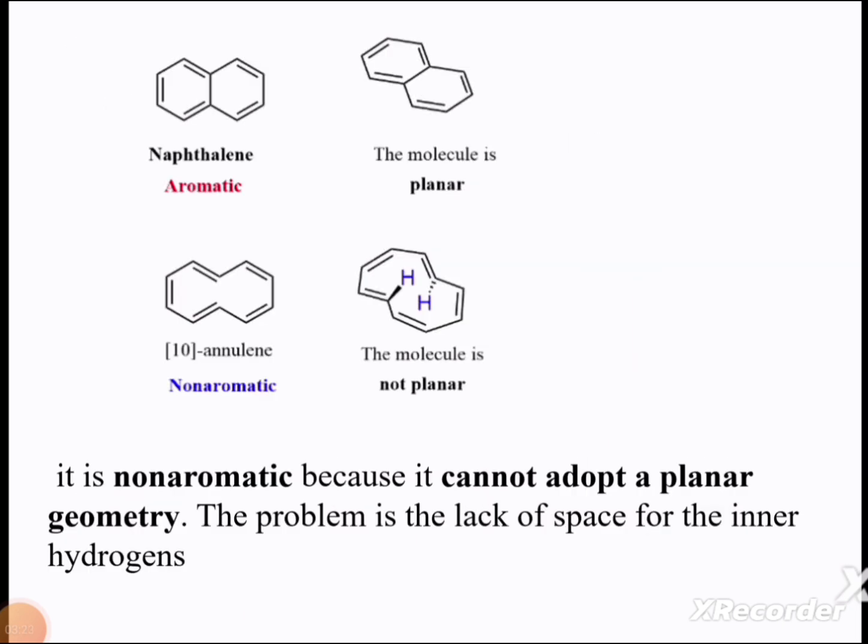Naphthalene is aromatic due to its planar structure, but as an exception, 10-annulene is non-aromatic. Although it is cyclic and conjugated with a 4n plus 2 pi electron count, it does not remain in the plane due to the steric hindrance of the inner hydrogens. So 10-annulene is a non-aromatic compound.